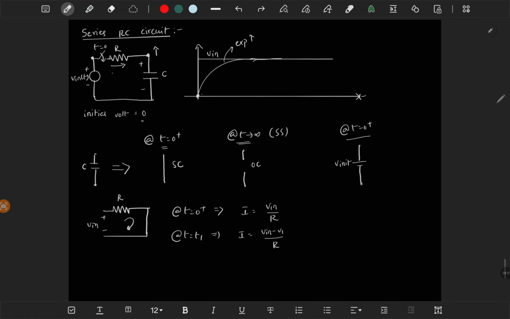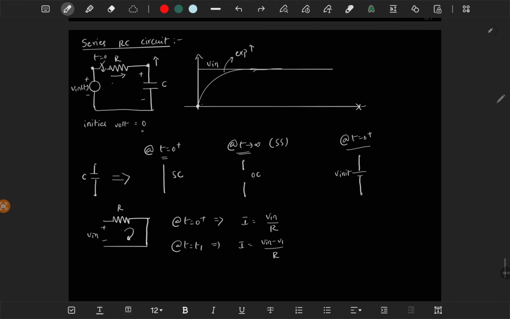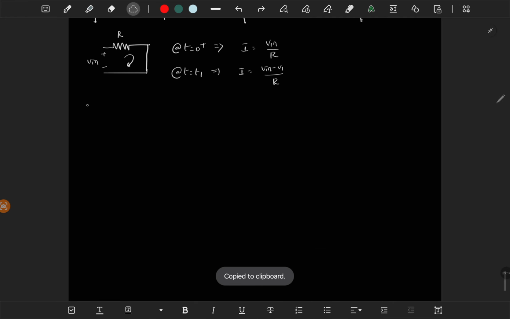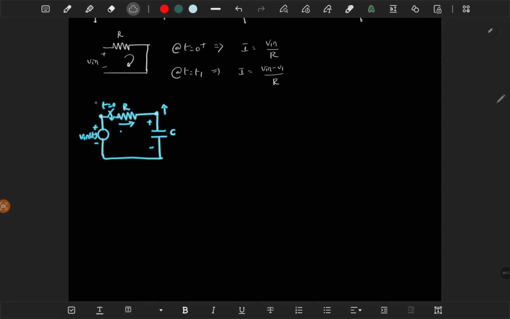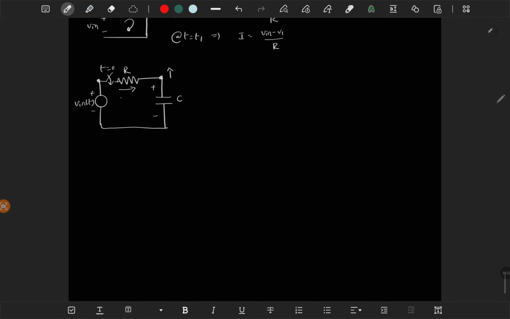And what is the expression of this output voltage? It's good if we can draw the voltage across the capacitor and the current through the circuit. Yeah, we have the circuit.